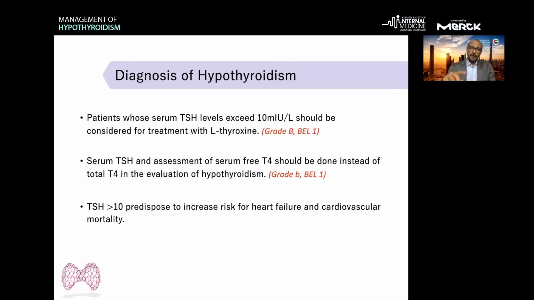And I would like to remind you what I said earlier, that a TSH level of more than 10 increases the risk of heart failure. That's why if the TSH is more than 10, we should consider patients for treatment regardless of their T4 level. Remember, if the TSH is more than 10, you can consider your patients for treatment with levothyroxine regardless of the T4 level.